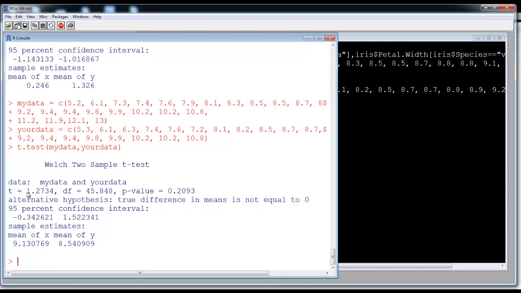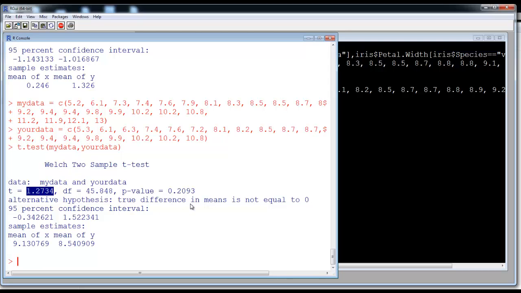So t statistic is 1.2734, degrees of freedom is this, p value is 0.2. So p value is actually more than 0.05. So the way the statistics work, or the thumb rule is, if the p value is more than 0.05, then you accept the hypothesis. So since it is more than 0.05, you can say that the difference between means is not equal to 0. So the alternate hypothesis is true.